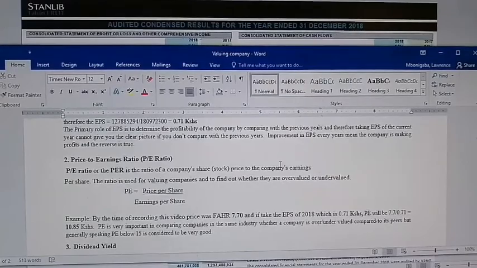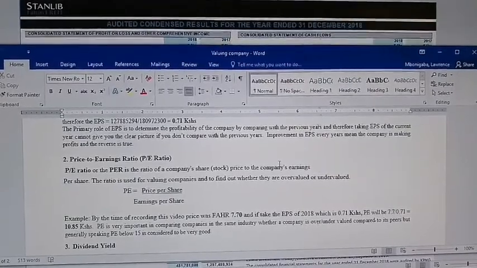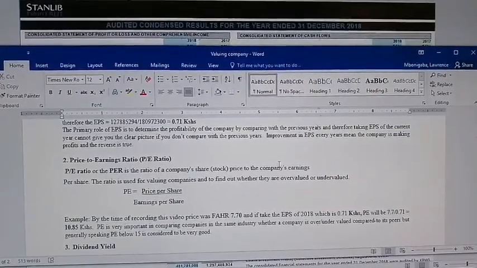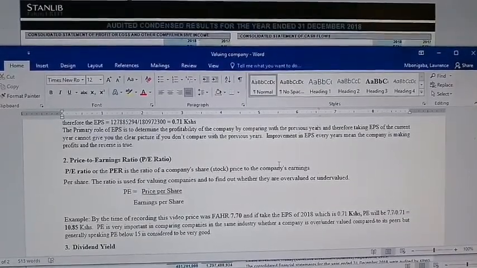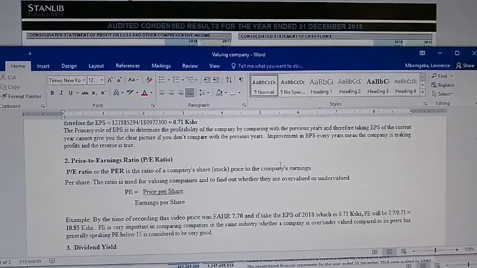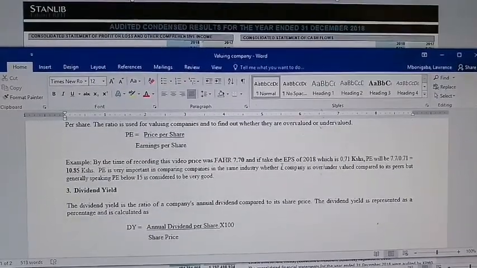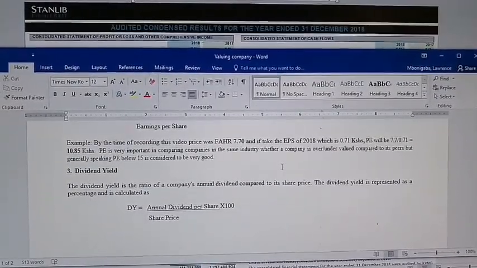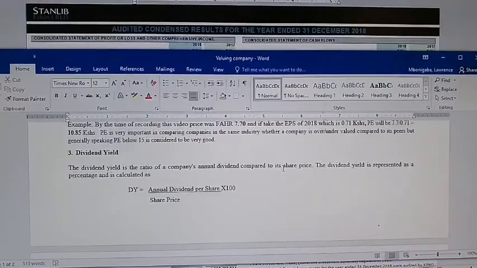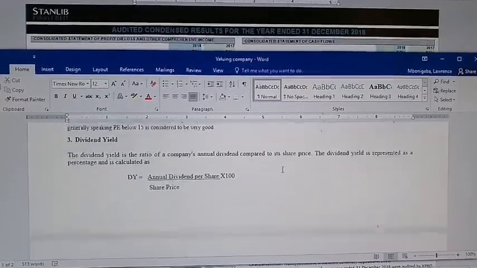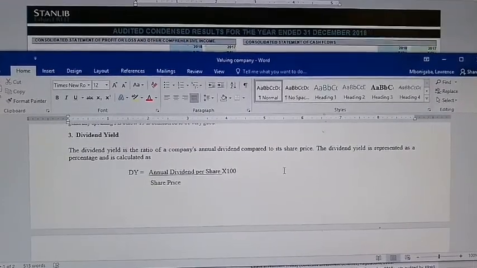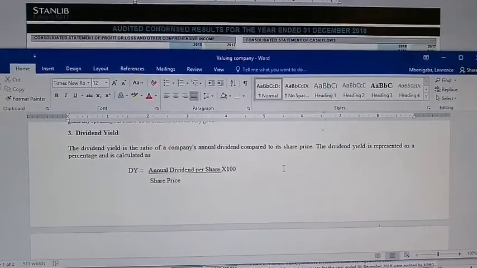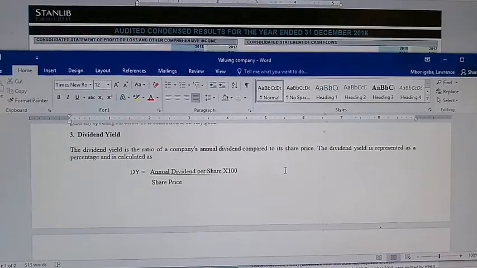The second most important ratio that I consider when I'm analyzing a stock to buy is the price to earnings ratio, or PE. So what does it mean? It basically means the ratio of a company's share price to the company's earnings. Basically you take the price per share of the company divided by earnings per share.